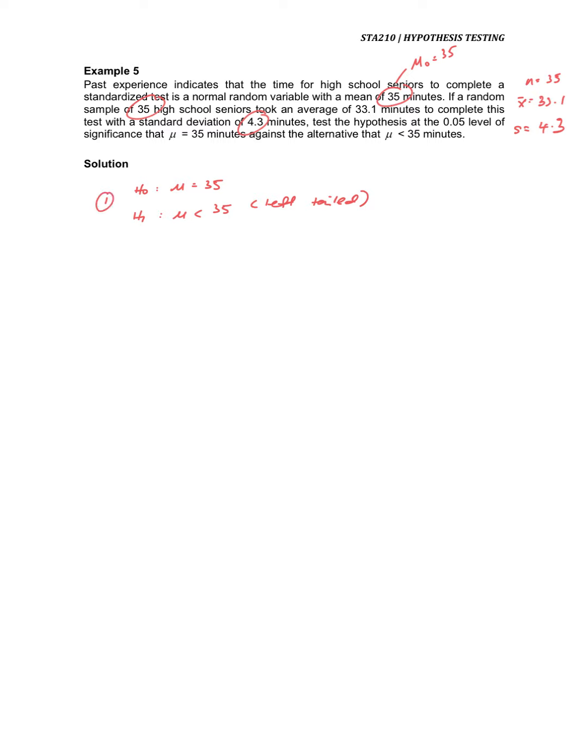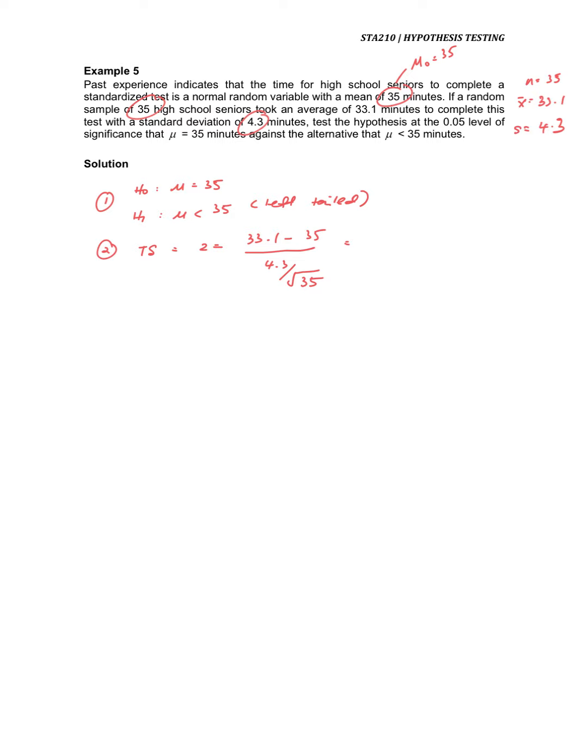Next, we want to calculate the test statistic value. We will use Z because n is large. Z equals x bar 33.1 minus mu naught 35 over s over square root of n, 4.3 over square root of 35.